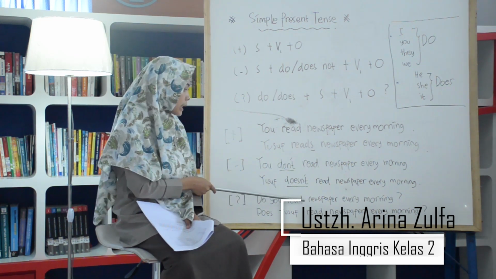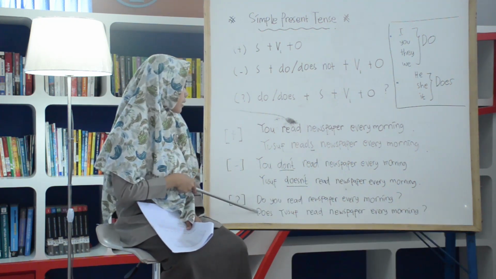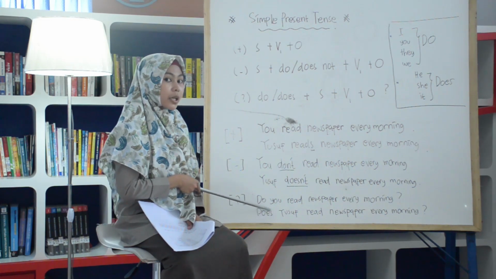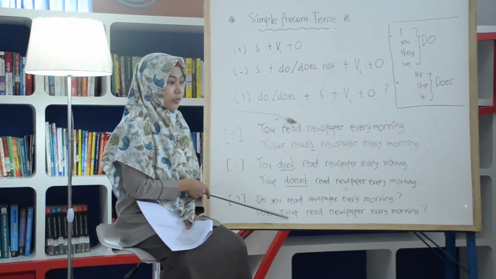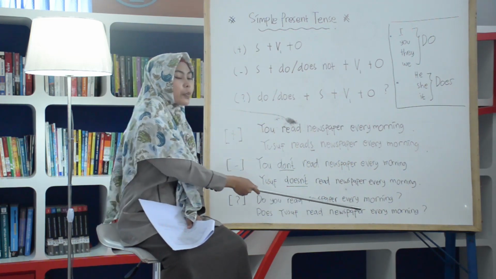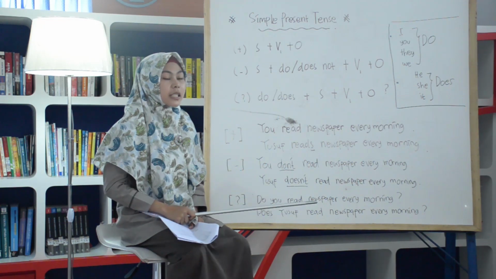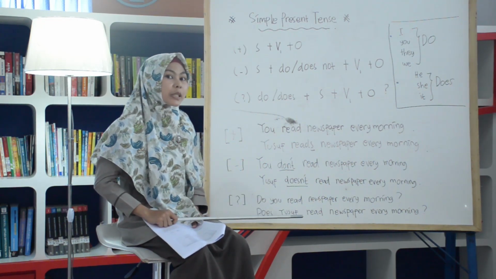Do you read newspaper every morning? Next, you have to add does here because the subject is Yusuf. Does Yusuf read newspaper every morning? I think that's enough, so you can read again to remember it.